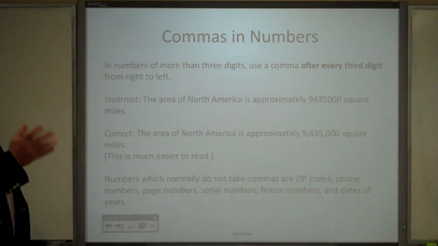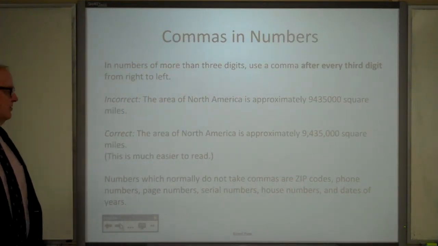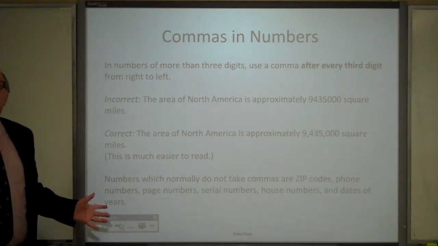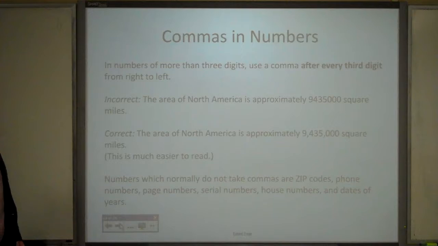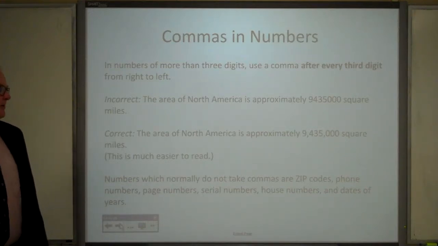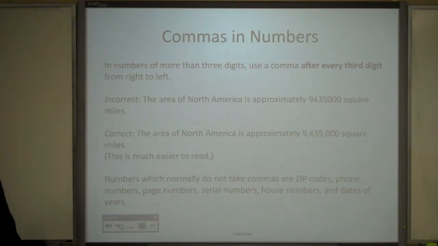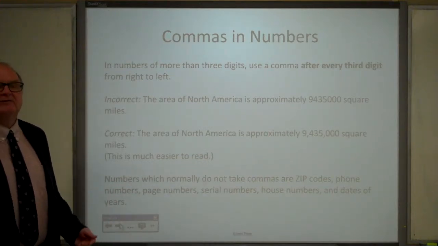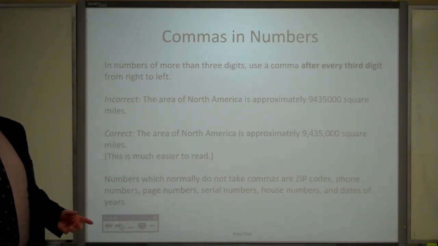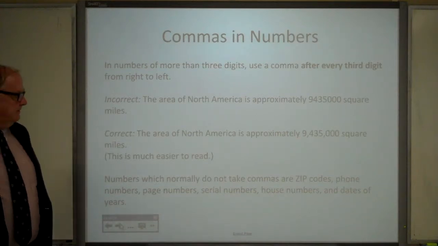So then we see, 9,435,000 is much easier to read. Now, some numbers don't take commas, such as zip codes, phone numbers, page numbers, serial numbers, house numbers, and dates of years. So, for example, I'm doing this in 2017. We don't use a comma for 2017.